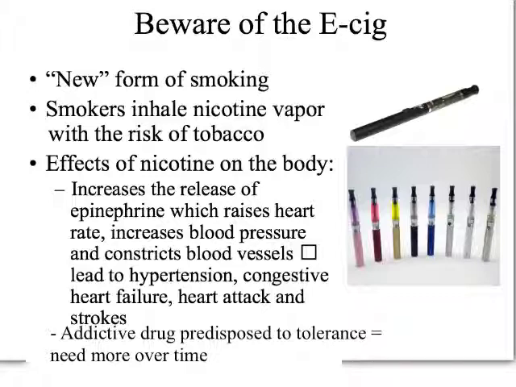We do know, actually, from long-term studies of regular smoking and nicotine, the effects of nicotine on the body. So, in these e-cigarettes, there still is nicotine in them. And so nicotine is a drug that travels to your brain and increases the release of epinephrine. Okay, epinephrine is a chemical that is released with the fight or flight syndrome. So it's like adrenaline. Okay, it's adrenaline.